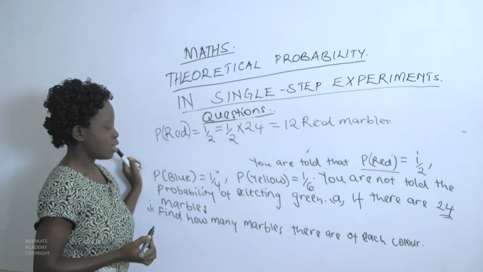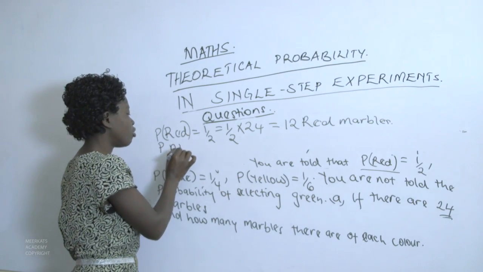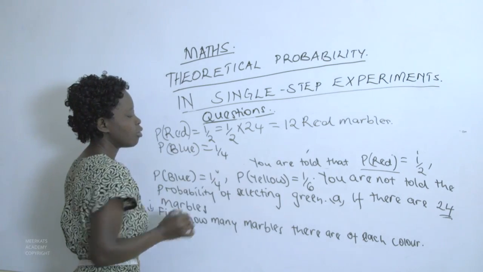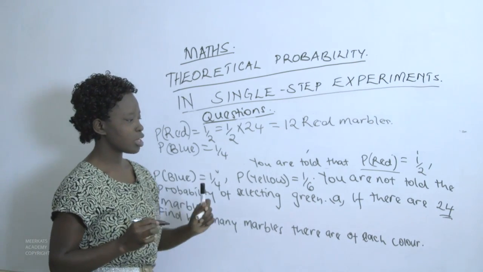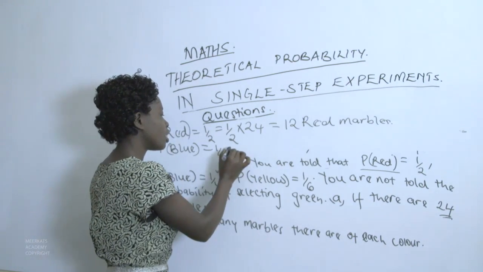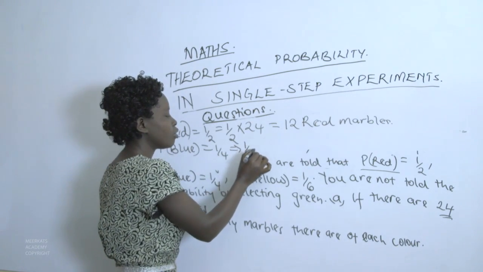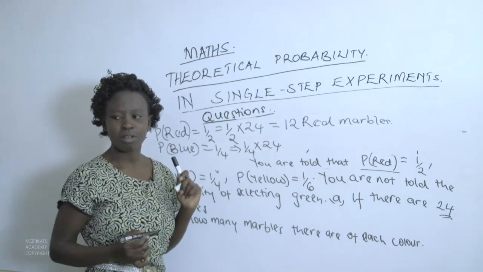Next, blue: the probability of choosing blue is 1/4. The total number of marbles has not changed, it is still 24. So to get the number of blue marbles, we take its probability, which is 1/4, multiplied by the total number of marbles, that is 24.